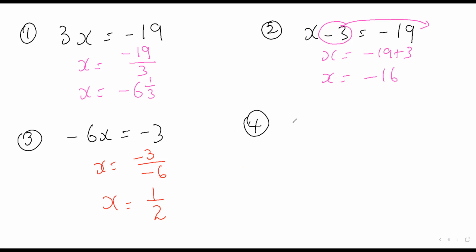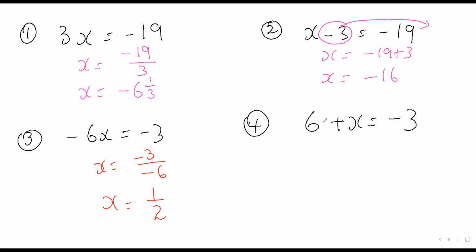So let's say we have something like this. X plus 6 equals to minus 3, right? Good. Watch here. We could even fix this to be something different. We could say 6 plus x equal to minus 3, right?